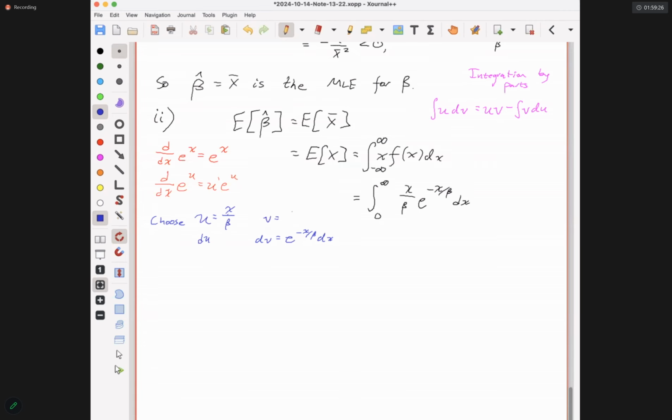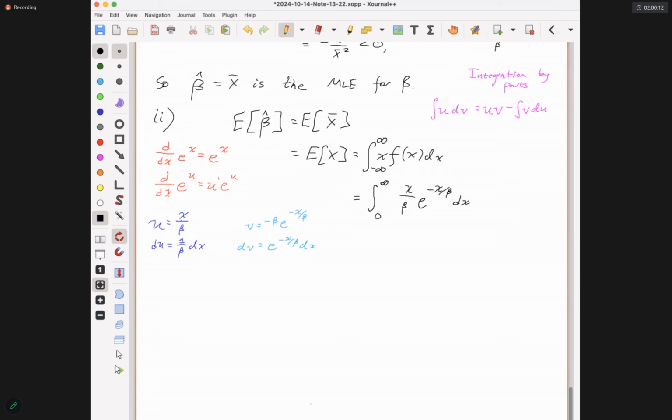And so then v is equal to negative beta e to the negative x over beta. And du is equal to 1 over beta dx.